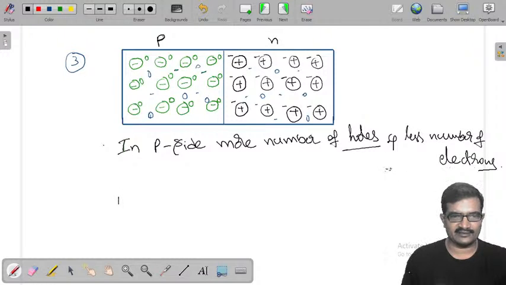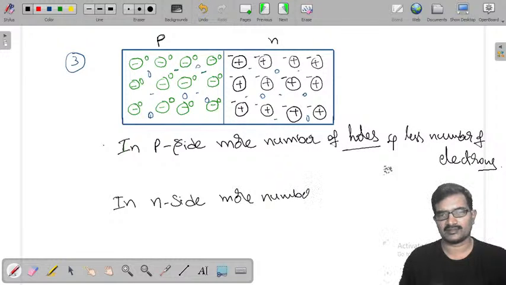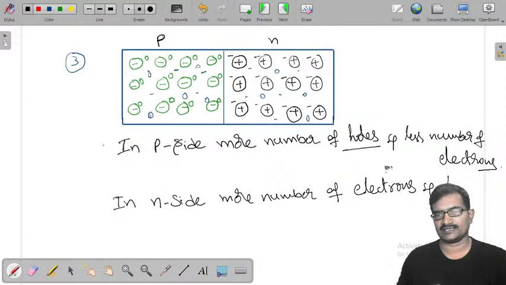Similarly, in the n side, more number of electrons and less number of holes.